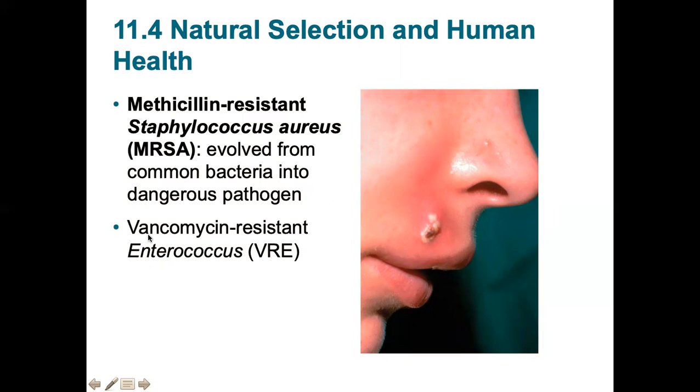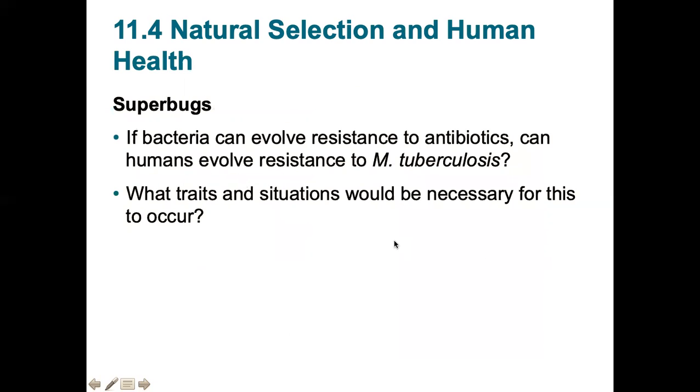Vancomycin is one of our last ditch effort antibiotics. And there are even Enterococcus species which are resistant to vancomycin. These guys cause unbelievable intestinal issues: diarrhea, pain, loss of weight. They're really bad. They're called superbugs because they are super resistant.